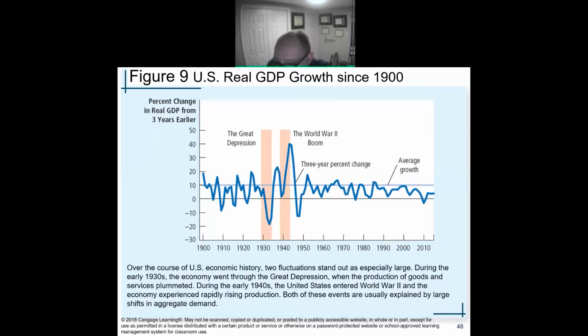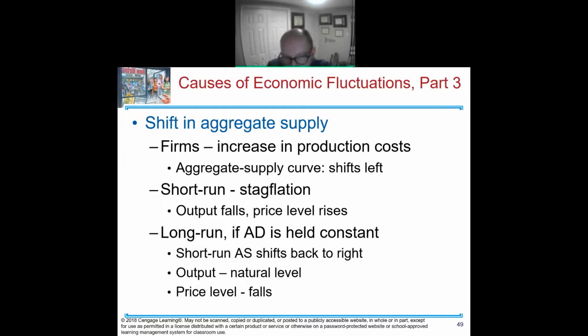Not a whole heck of a lot. Maybe within 10%. Most of the changes happened within 10%, with the exception of a couple of world events: the Great Depression and World War II. Those were the two largest economic things that happened in the past 100 years.